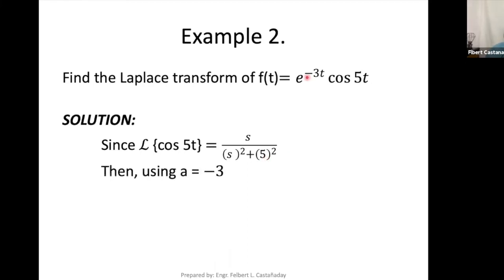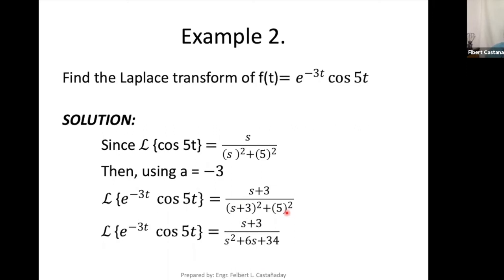But we have an exponential function e raised to negative 3t. So by using a equal to minus 3, we plug in the formula that I presented to you earlier. So instead of writing s, you put s minus a. So s minus negative 3, we have s plus 3 in the numerator over s plus 3 squared plus 5 squared.